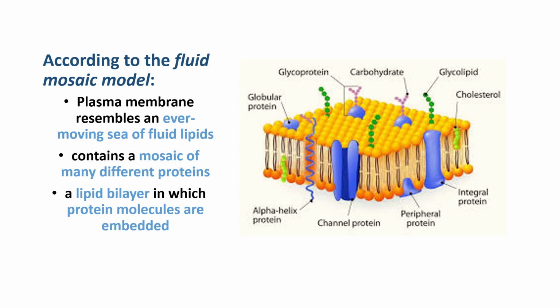Then it contains a mosaic of many different proteins. In the diagram you can see different proteins, glycoproteins, glycolipids, then integral proteins, peripheral proteins, and channel proteins present in the plasma membrane, so they form a mosaic of different proteins.